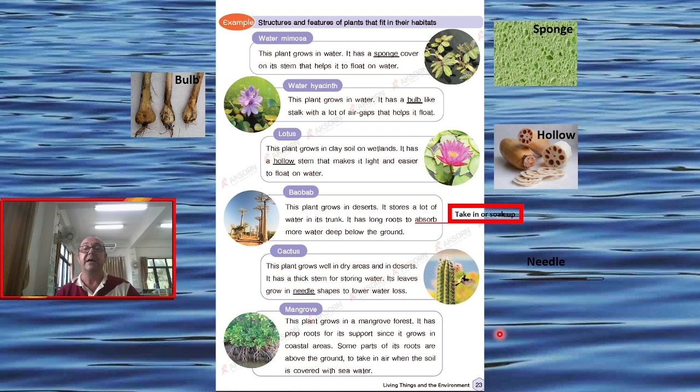There is a word, camouflage. Camouflage. When you read about that word, you should understand what it means. So I want you to look at the homework video and follow the instructions on the homework video.